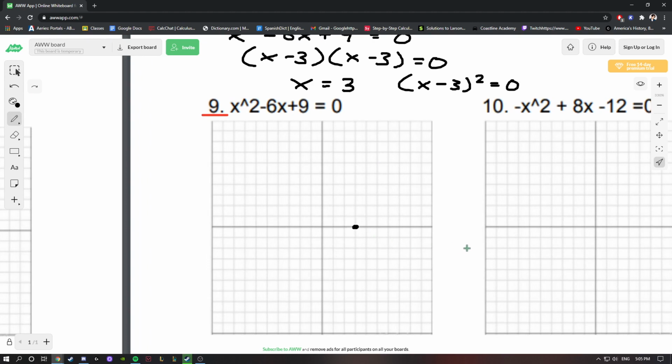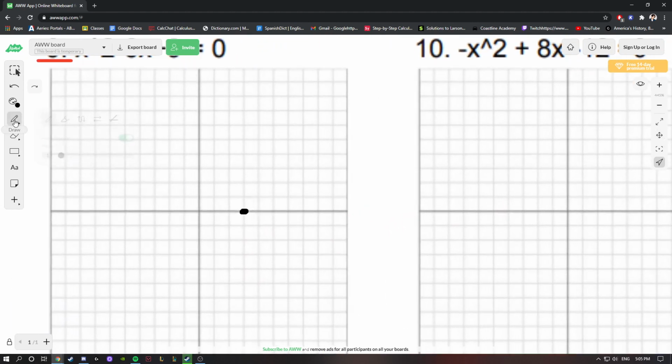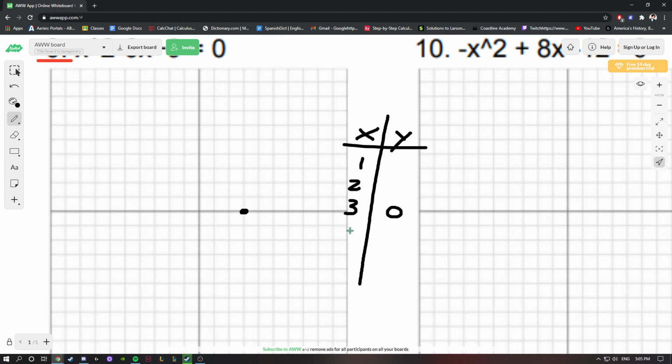It's not essential to know that, but if we're confused, we could always make our chart. So 2, 1, 4, 5.